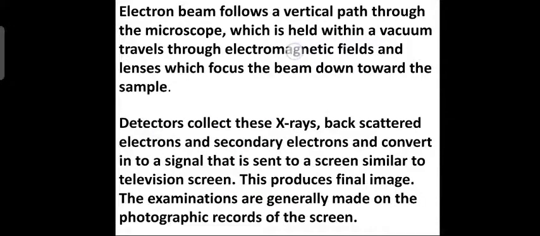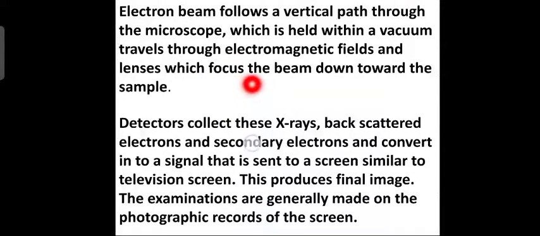Next slide. The electron beam follows a vertical path through the microscope, which is held within a vacuum. It travels through electromagnetic fields and lenses which focus the beam down towards the sample. The electron gun produces an electron beam which is focused in the electron microscope, that means it is made to fall on the surface.